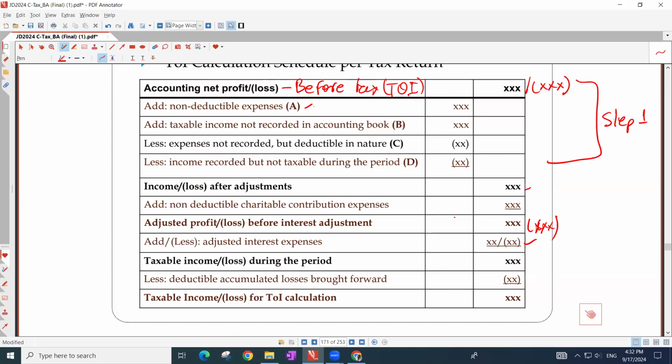So that is not the right formula. After we add back or claim more deductions, it depends on the amount of interest expense we incurred this year and probably from last years. As you know, interest expense can be carried forward for how many years? 5 years.